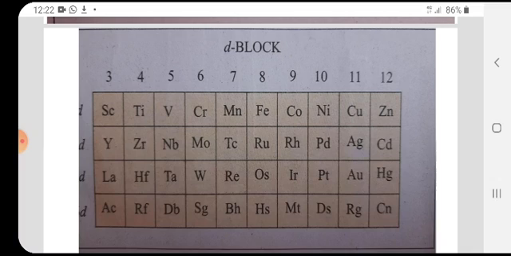They mostly form colored ions, exhibit variable valencies or variable oxidation states, paramagnetism, and are often used as catalysts. Their general outermost electronic configuration is (n-1)d1 to 10 ns0 to 2.